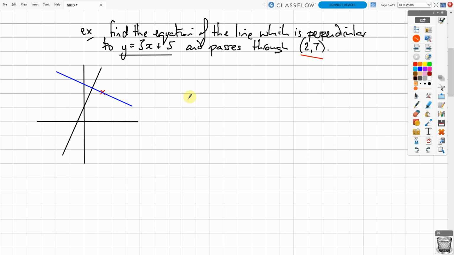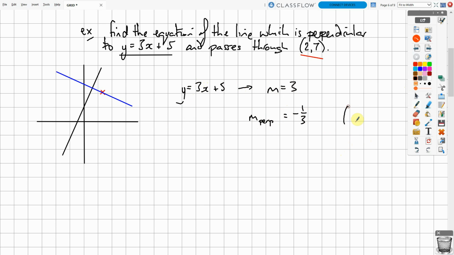Now, let's see what we can do. y = 3x + 5. m, the gradient, equals 3. So the gradient of the perpendicular line must be -1/3.